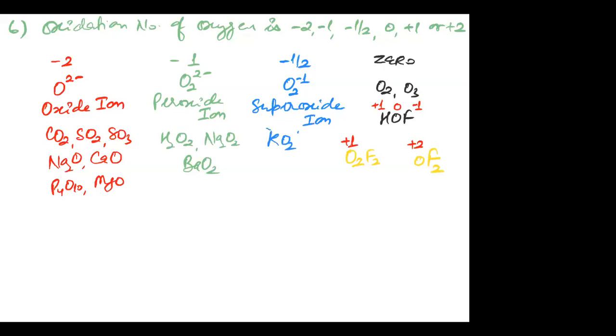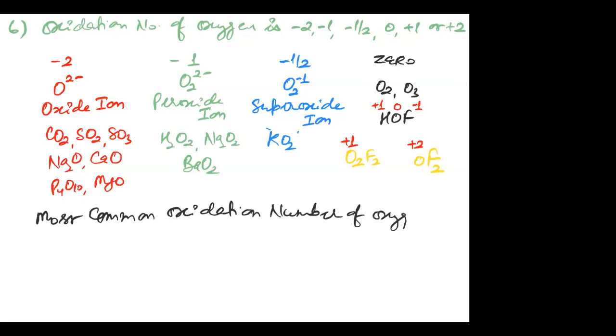Now, can you suggest what is the most common oxidation number of oxygen out of -2, -1, -1/2, 0, +1, and +2? The most common oxidation number of oxygen is -2.